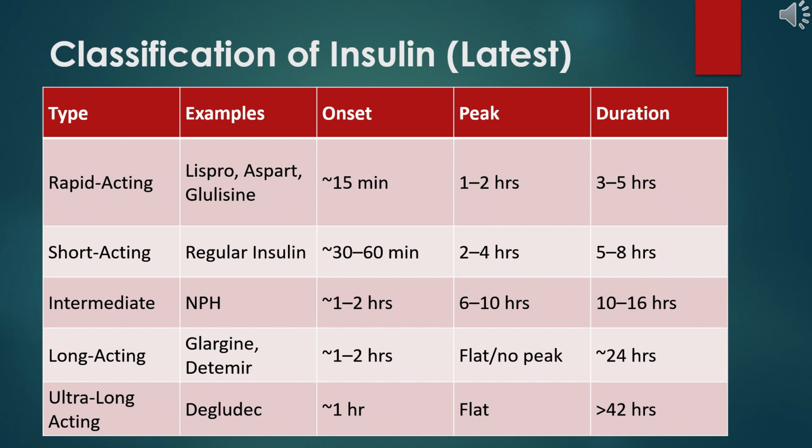Intermediate types like the NPH start in about 2 hours and last up to 16 hours. Long-acting insulins like glargine have no peak and last around 24 hours. Lastly, ultra-long insulins like degludec can last more than 42 hours.